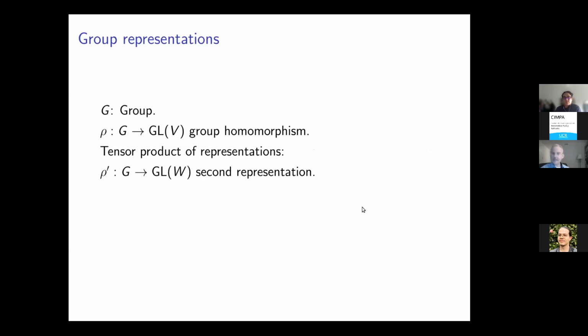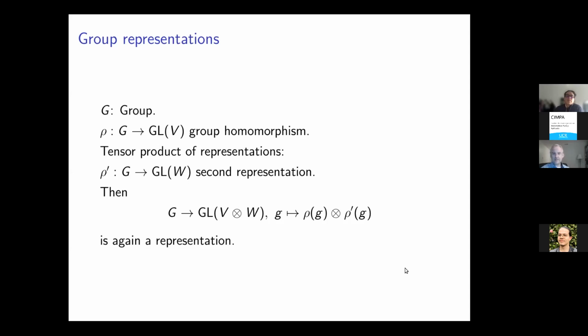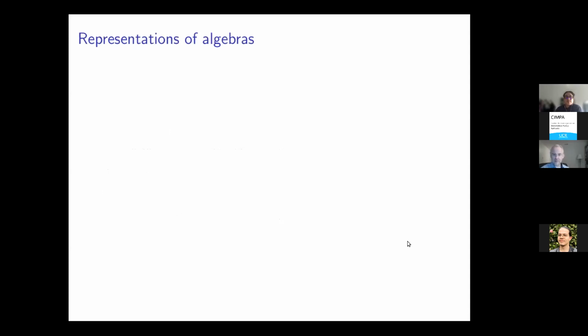If you have a second such representation, here denoted by rho prime, then you can map the group element g to rho(g) tensor rho prime(g). This is a homomorphism, an element of the general linear group of the tensor product V tensor W. And this is, as you can easily check, again a group homomorphism. So this is again a representation.